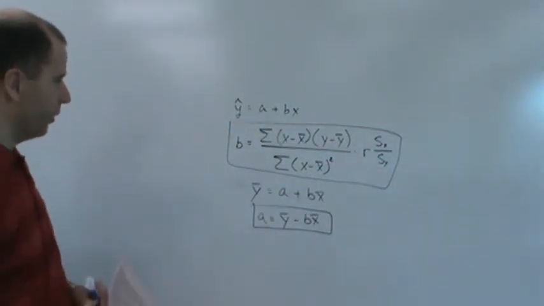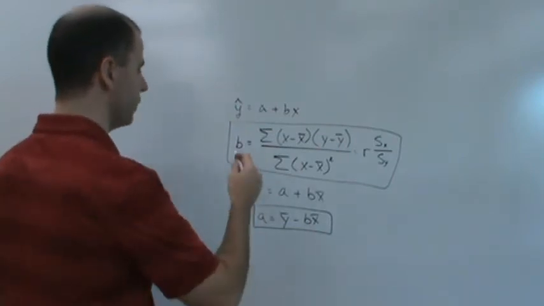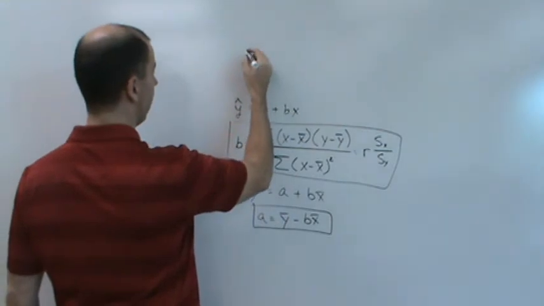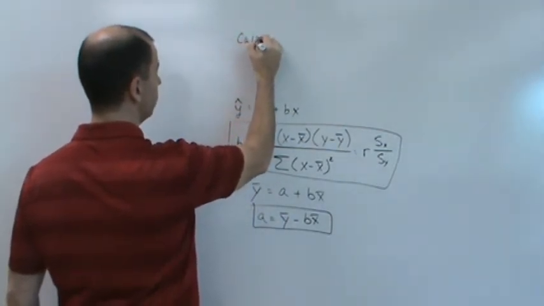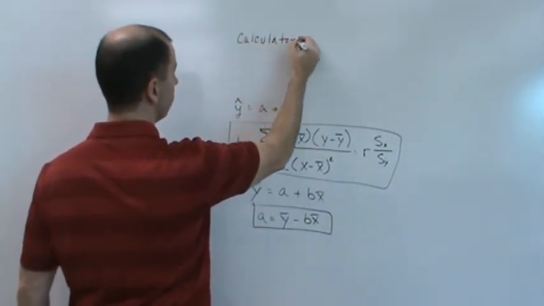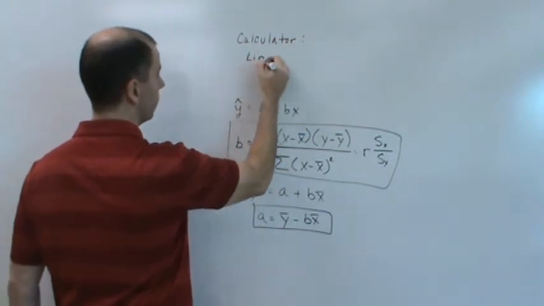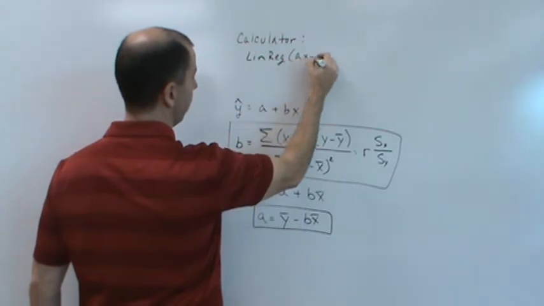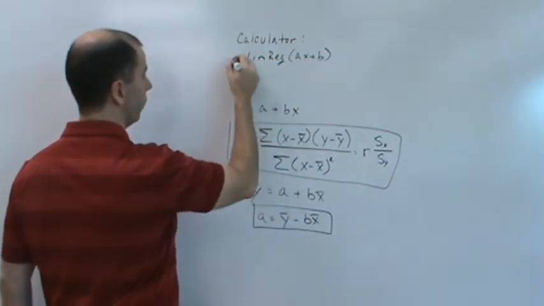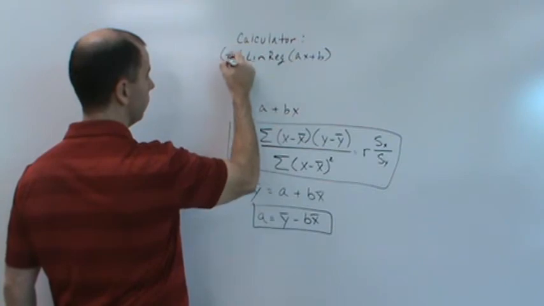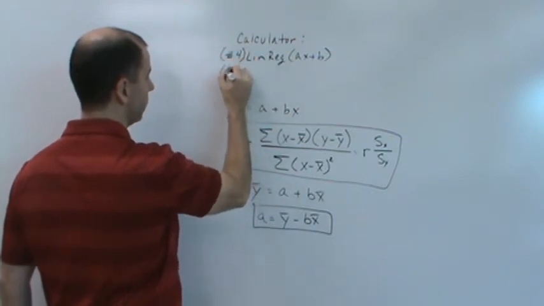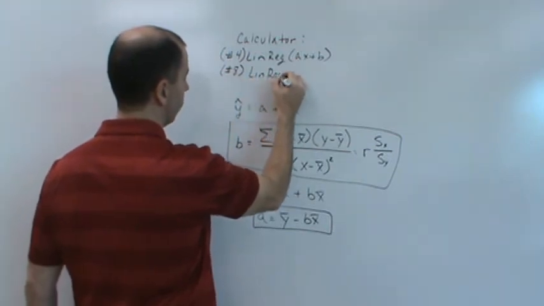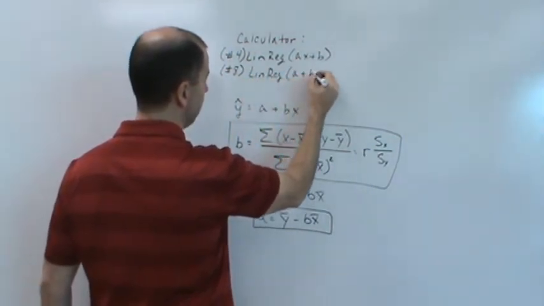But the calculator has several functions that will give this to you. The calculator functions that will give these to you are LinReg ax plus b, which is number 4, and number 8, which is LinReg a plus bx.